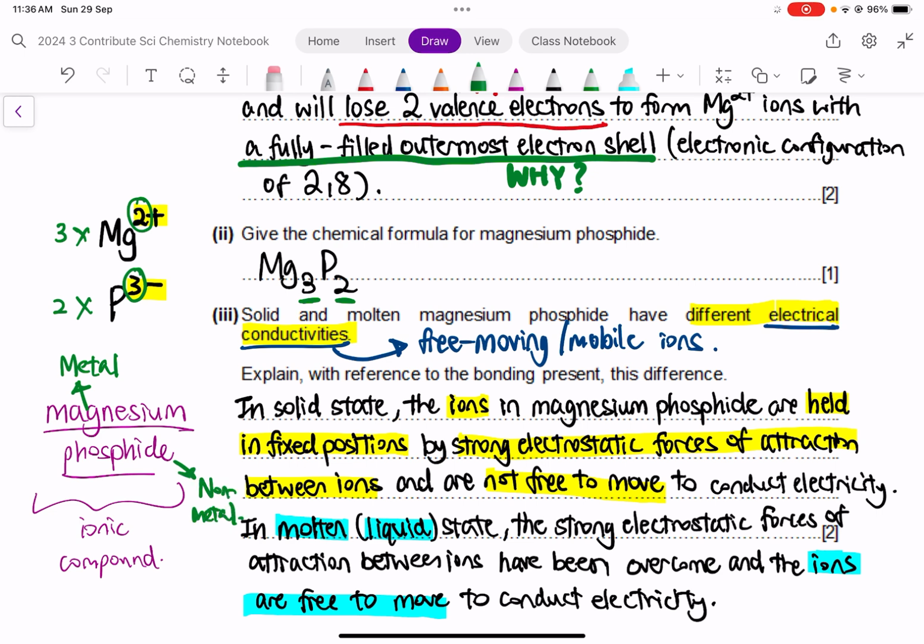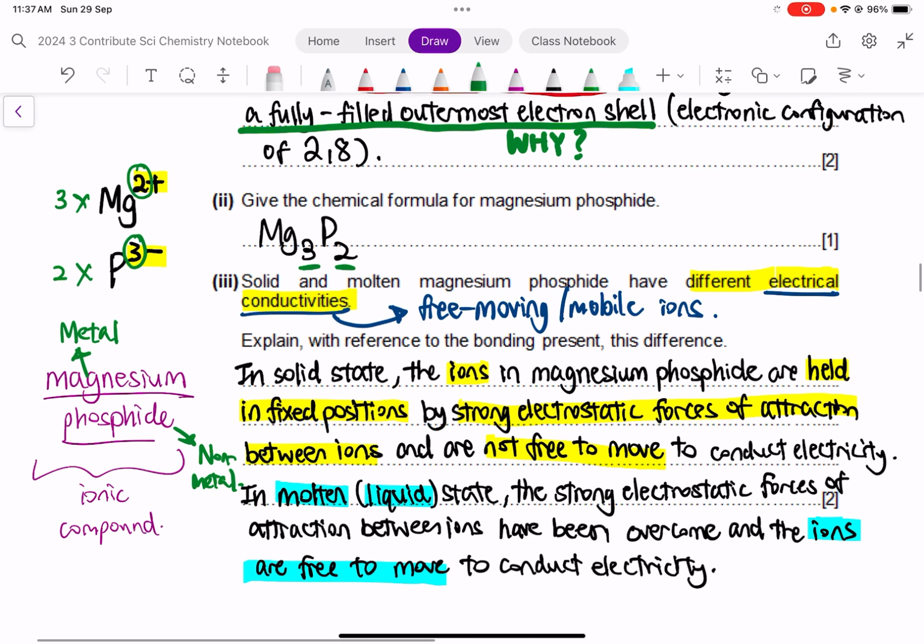So recall that metals react with non-metals to form ionic compounds because metals lose electrons, non-metals gain electrons. So these form ions with charge. Then they attract each other by strong electrostatic forces of attraction between the ions. So up to this stage, really is the video from chapter 4 and 5.